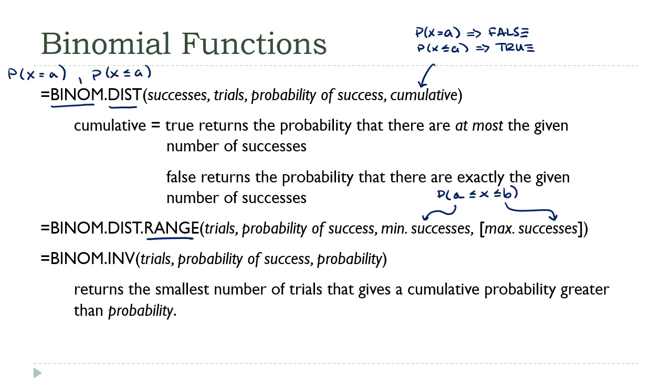And finally, if you want to go the other way around, let's say you know the probability, this P that I've been calculating, and you want to know the number of trials that will give you that cumulative probability, then you can use this inverse.